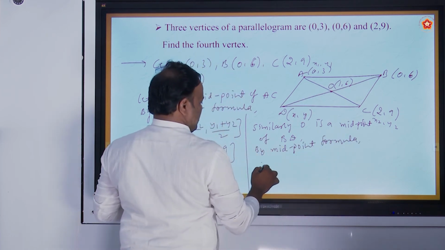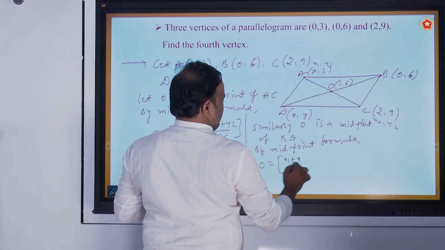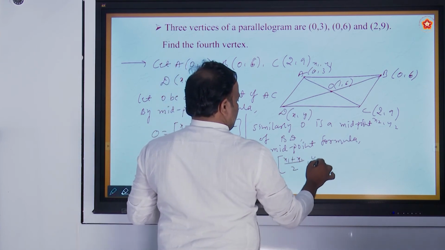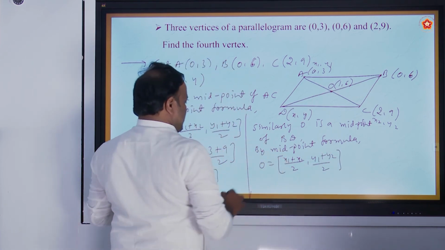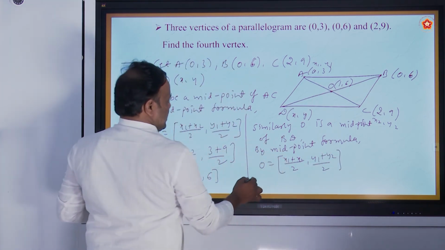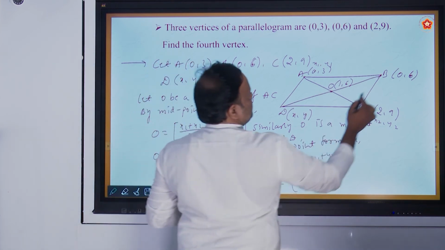What is the midpoint formula? Once again, O equal to x1 plus x2 by 2, y1 plus y2 by 2. Substitute the values here. We know O here is 1, 6. Instead of O, write 1, 6 in brackets.